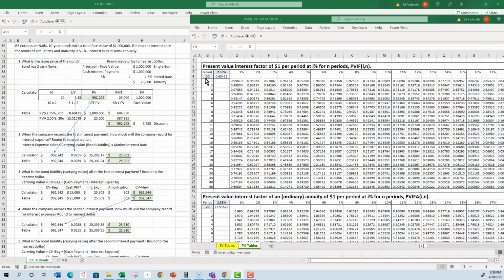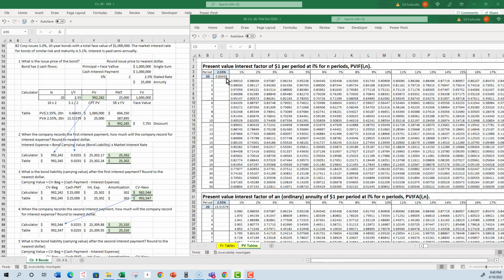Well, the tables don't have a 2.55%, so we're going to use the upper left-hand calculator for the table. We're going to enter 2.55%, and then we're going to enter 20N. And we get a present value of $1 factor of 0.60435.